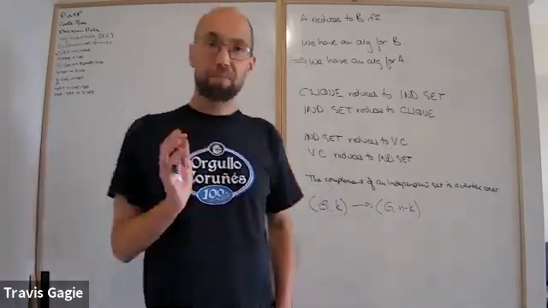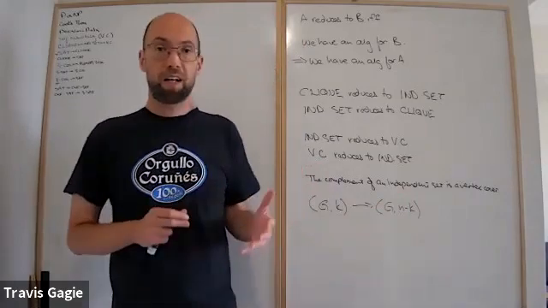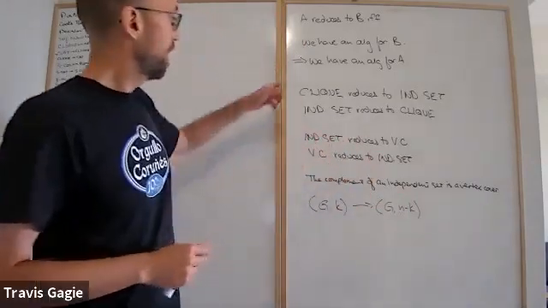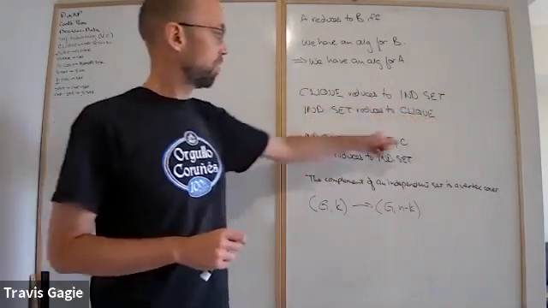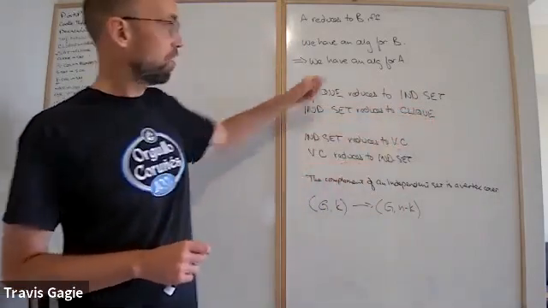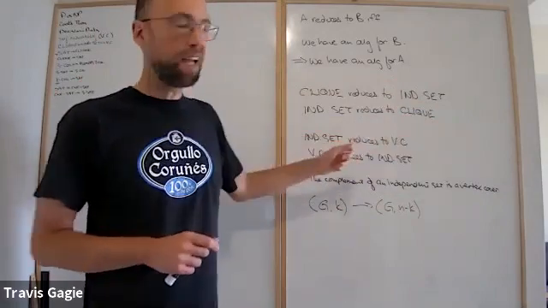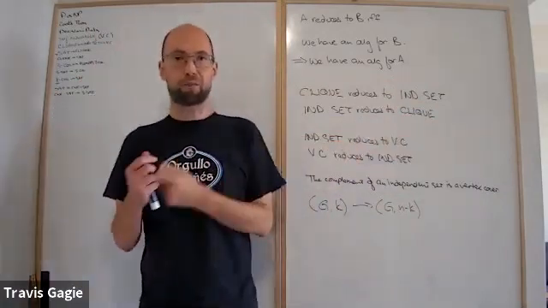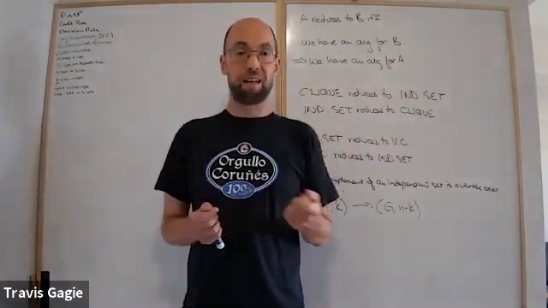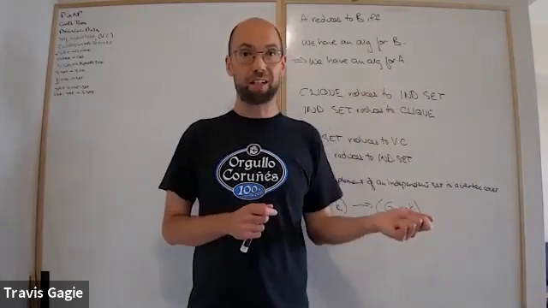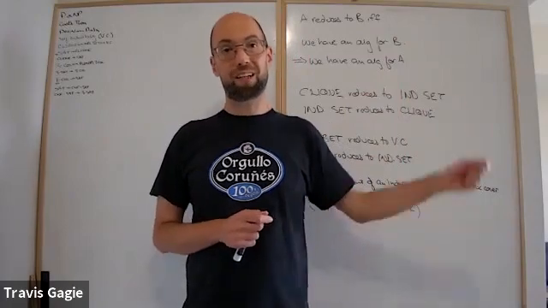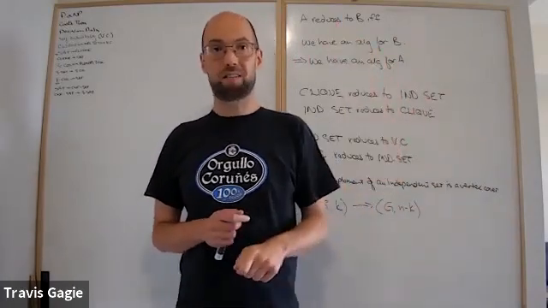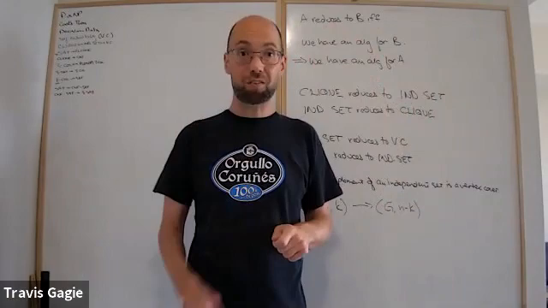Okay, questions? Since clique reduces to independent set, and independent set reduces to vertex cover, clique also reduces to vertex cover. Why? Because if we had an algorithm for vertex cover, and somebody gave us an instance of clique, we would turn it into an instance of independent set, then turn that into an instance of vertex cover, and solve that.